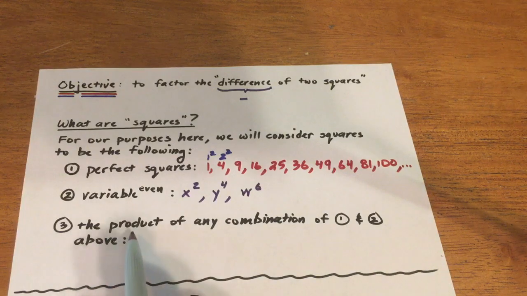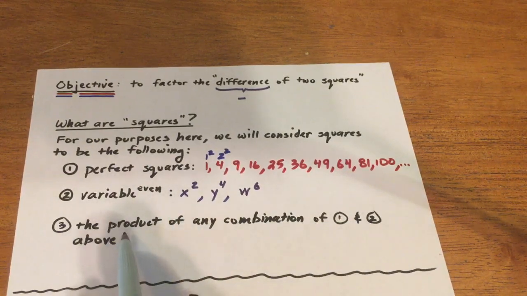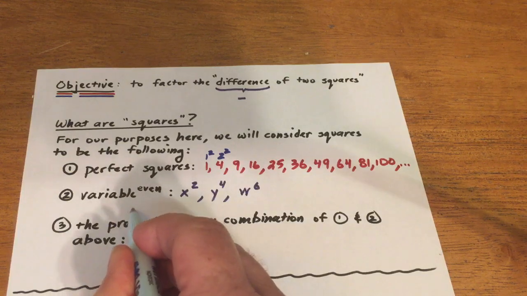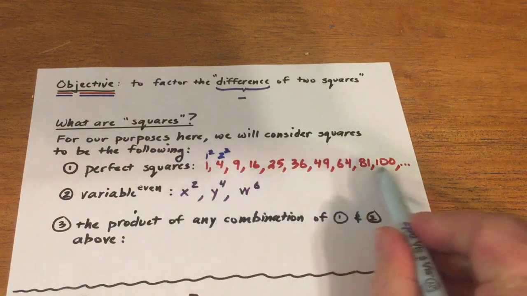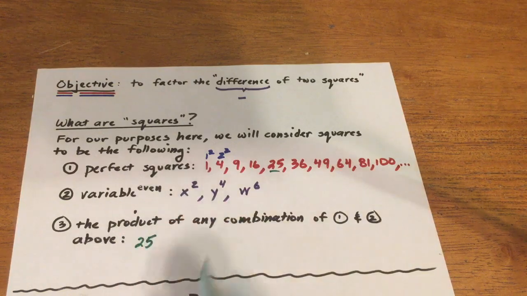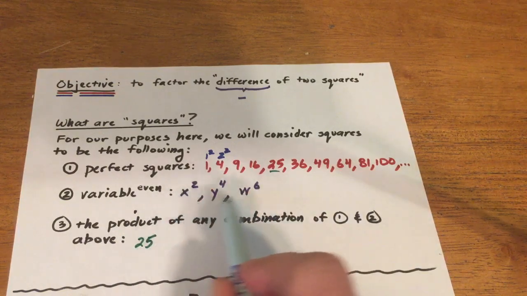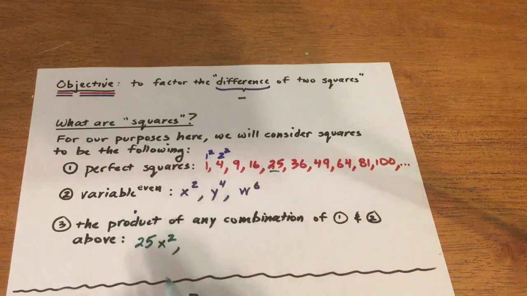Number 3 is the product of any combination of 1 and 2 above. What does the word product mean? Well, hopefully you thought of multiplying. Put a multiplication dot there. So basically what we can do here is choose any red number. I'm going to choose 25, and we can choose any variable with an even exponent. I'm going to choose x squared, and we'll consider that also to be a square.